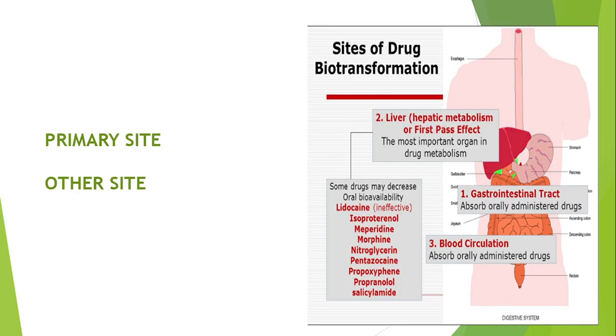In case of the liver, hepatic metabolism or first pass effect, the most important organ in drug metabolism, some drugs may have decreased oral bioavailability like lidocaine, isoproterenol, meperidine, morphine, nitroglycerin, pentazocine, propoxyphene, propranolol, salicylamide. These undergo hepatic first pass metabolism, and the bioavailability decreases due to first pass metabolism.